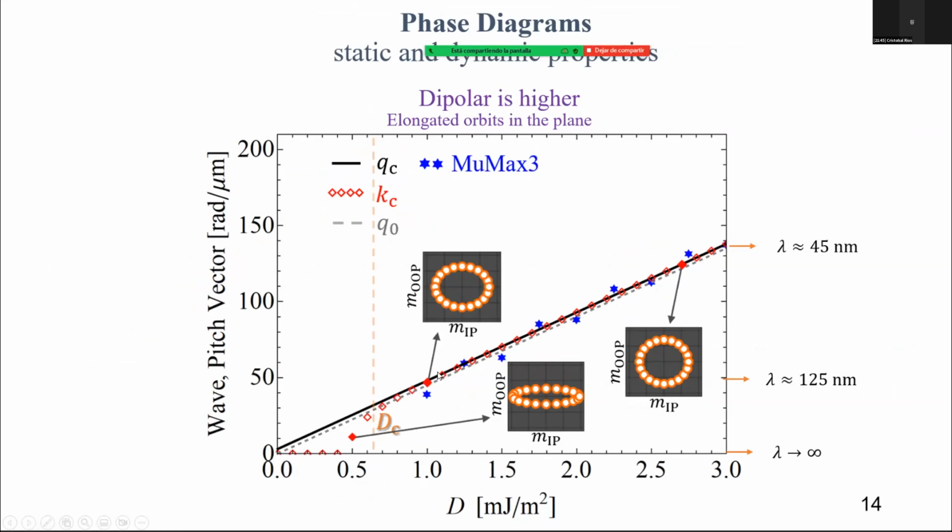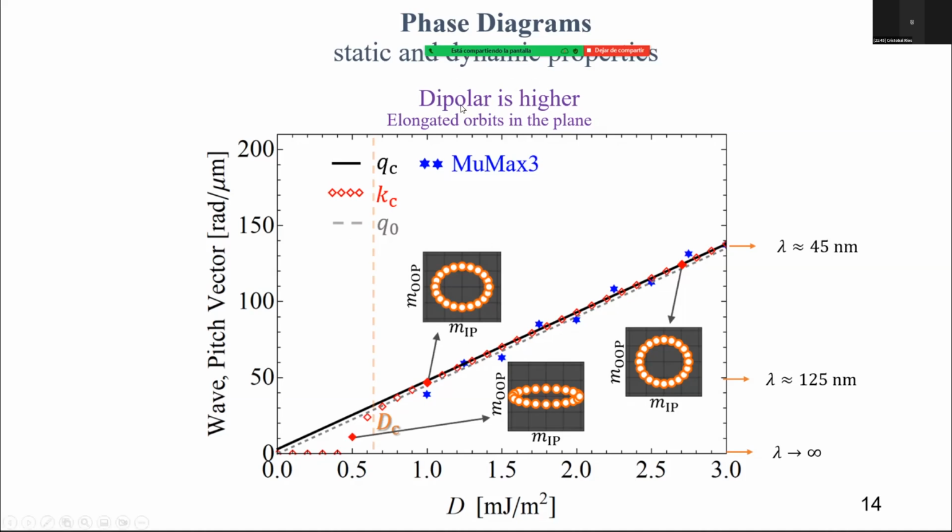The red diamonds are the wave vectors calculated from the spin wave theory, and the gray dashed line corresponds to a bulk system compared to a thin film.